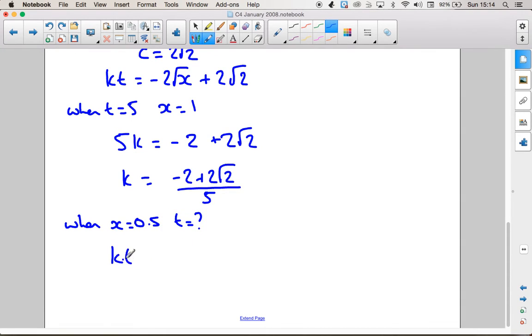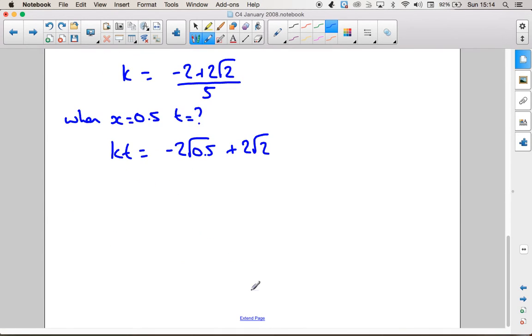So we've got kt equals minus 2 root 0.5 plus 2 root 2. So I'll type all that in. Minus 2 root 0.5 plus 2 root 2 is just root 2 on the top there over k. But k is this, minus 2 plus 2 root 2 over 5.